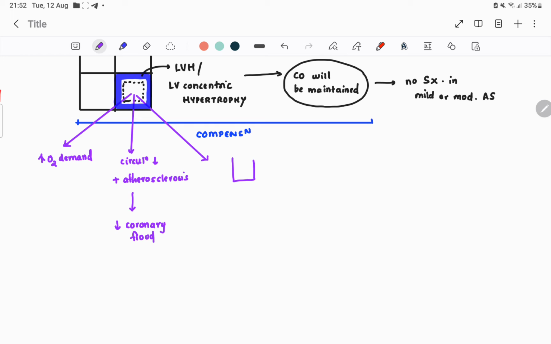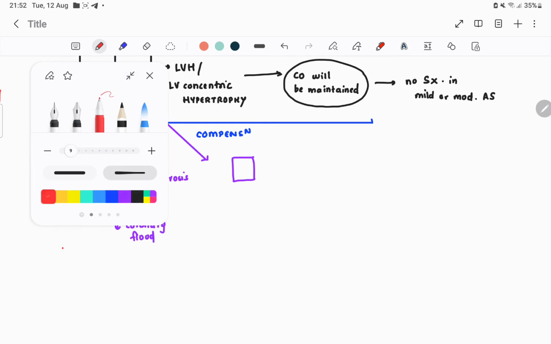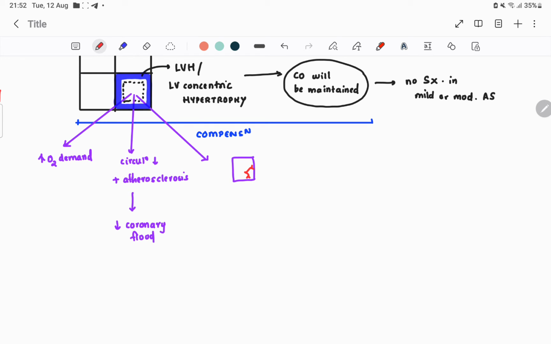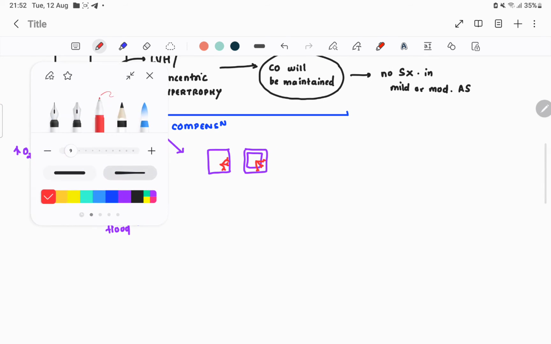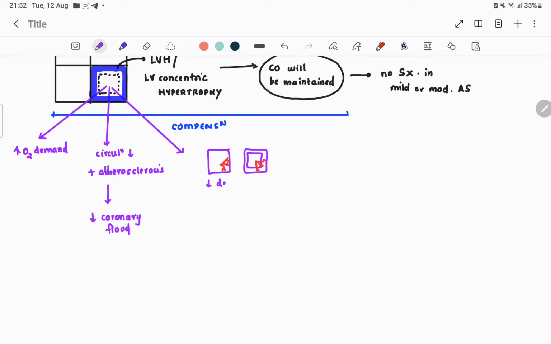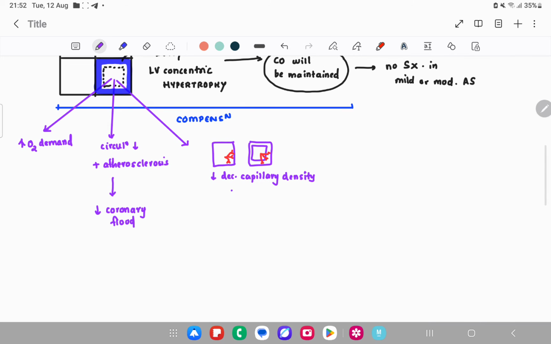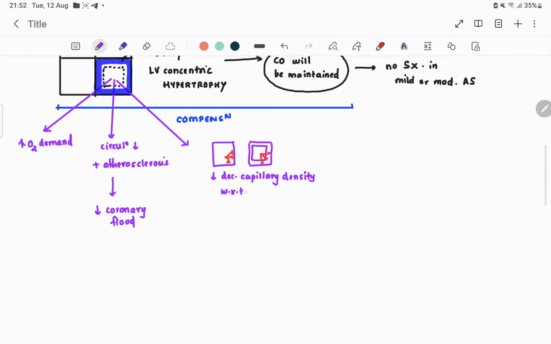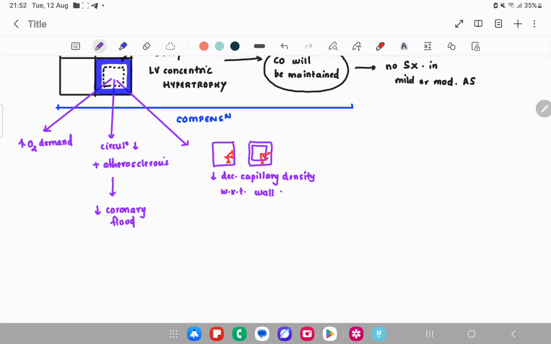Since the wall was first thin, the blood vessels were adequate and the capillary density was adequate. But now the wall is very thick and the capillary density is still the same, right? So there is decreased capillary density with respect to wall thickness.